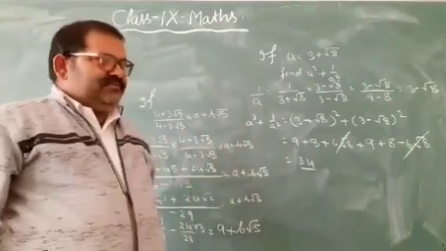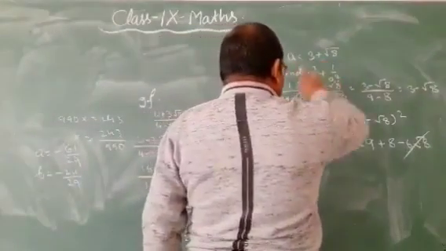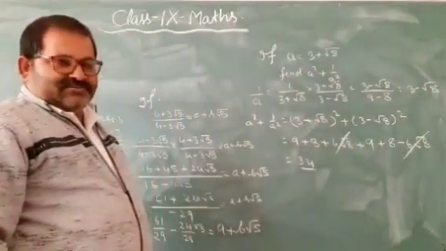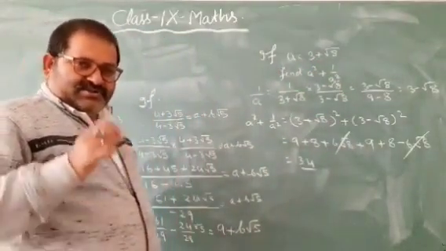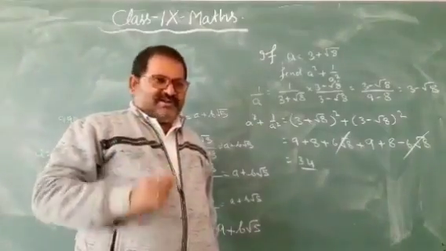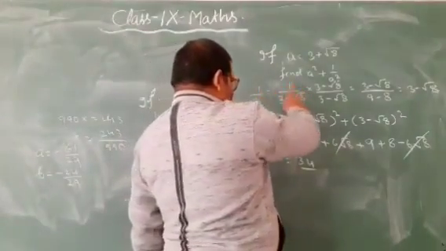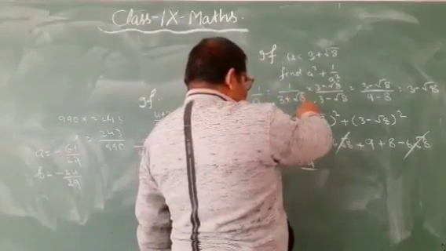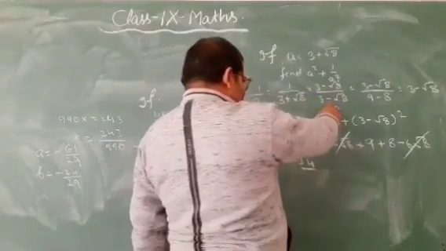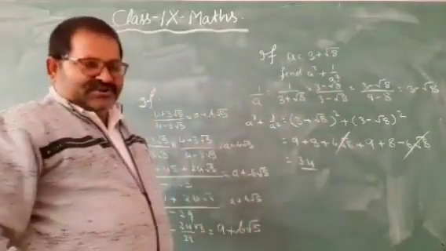Now once again we repeat that if a equal to 3 plus root 8, find the value of a square plus 1 upon a square. First we find the value of 1 upon a. 1 upon a equal to 1 upon 3 plus root 8 into 3 minus root 8 upon 3 minus root 8. This is the rationalization of the denominator.